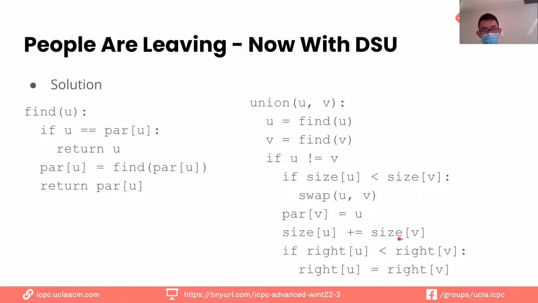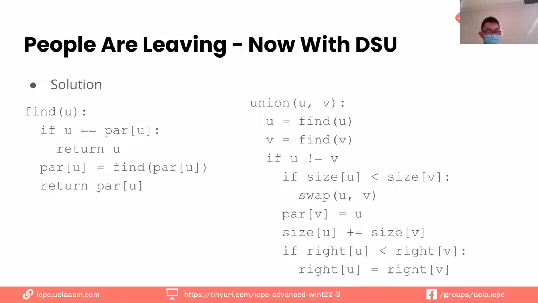And in addition to size and parent, we keep an array called right, which is synonymous to the R array from before. And every time we union, we set right of the new set to be the larger value of the 2. So it always gives you the rightmost element in the set.